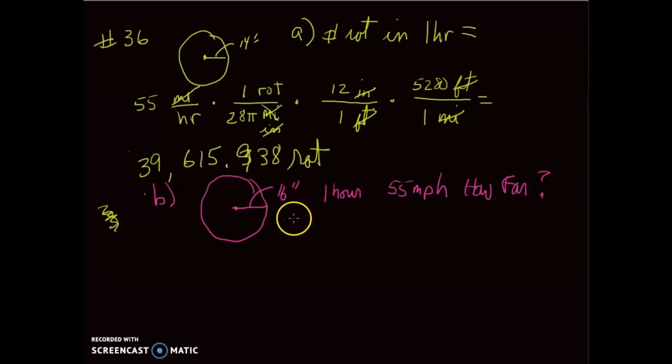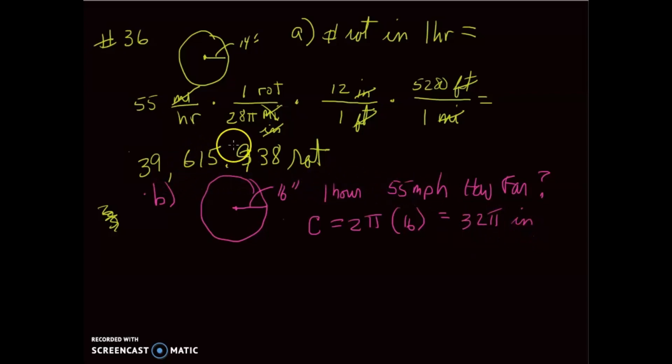Because you're going 55 miles an hour, the engine's turning that tire the same number of rotations. That's why we found this first. But the size of the tire means that our circumference has changed. 2 pi times now the 16, or 32 pi inches. So each rotation is now 32 pi inches.